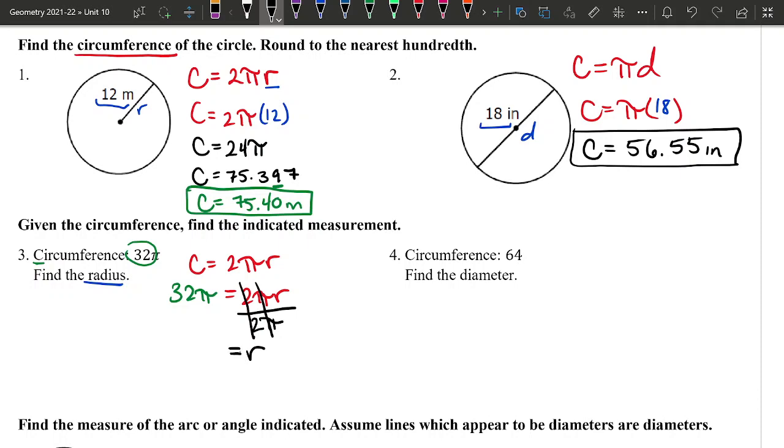And of course, when you have an equation, anything you do on the right-hand side, you also have to do on the left-hand side to keep it balanced. So I also have to divide by 2 pi. Again, on the left, pi over pi, that cancels. And 32 divided by 2 is 16. So the radius is 16.